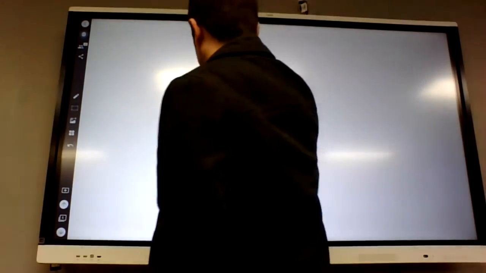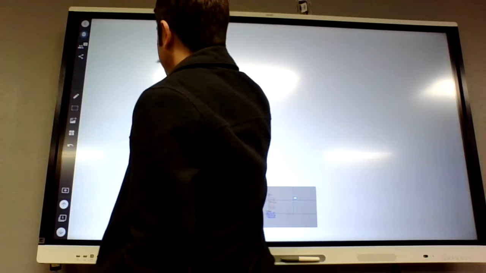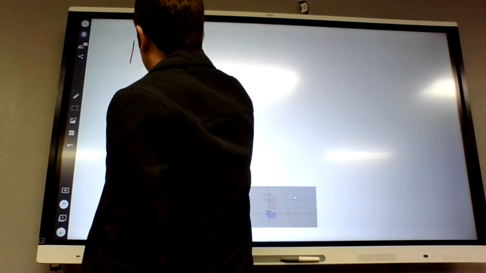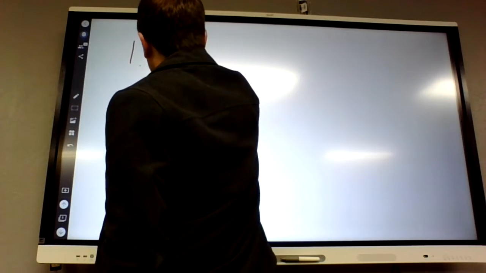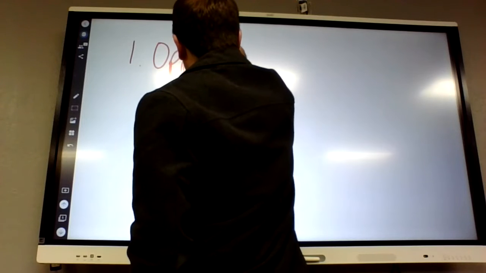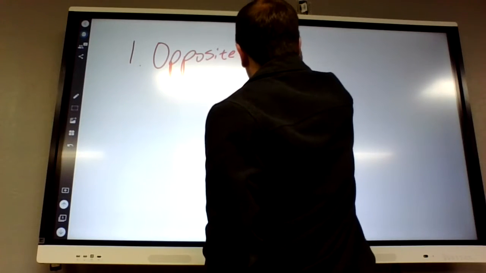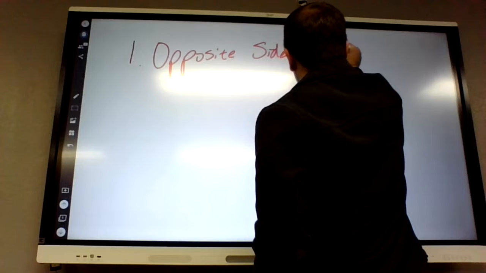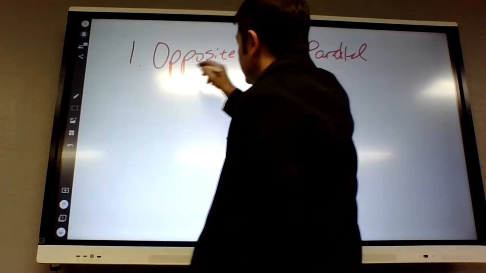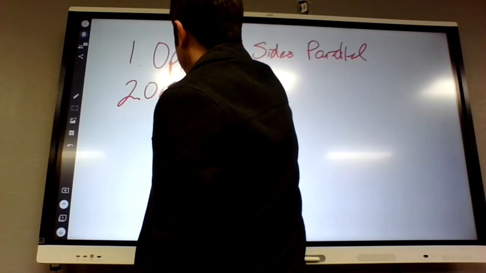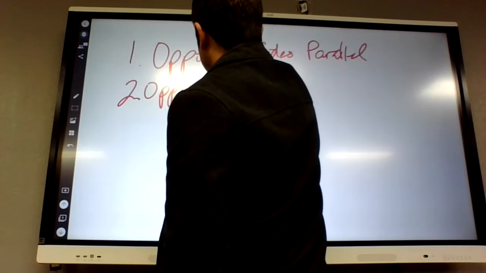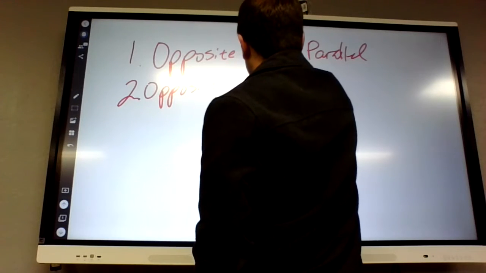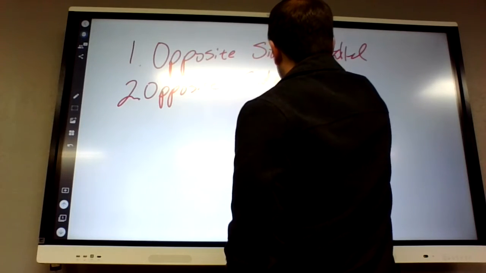Let's try and remember, what are the different qualities of a parallelogram? See if we can remember. Four sides. Opposite sides parallel. What else? Opposite angles congruent. Opposite sides congruent.